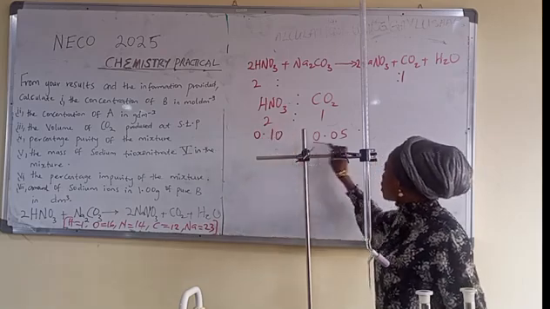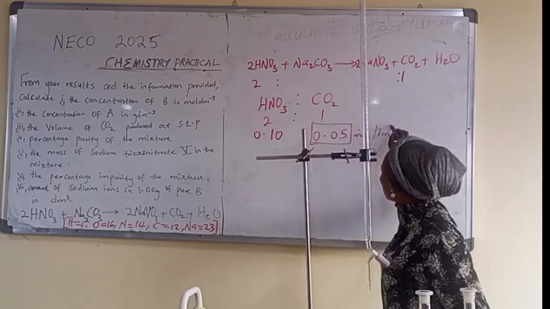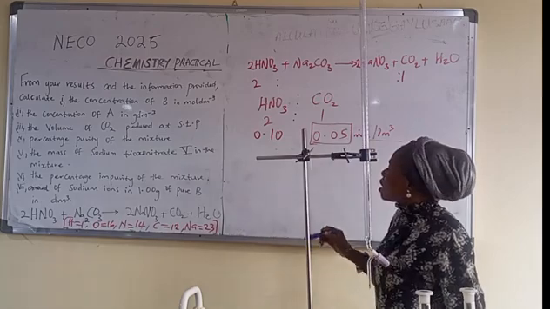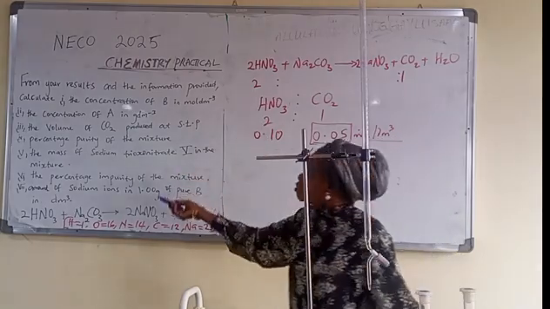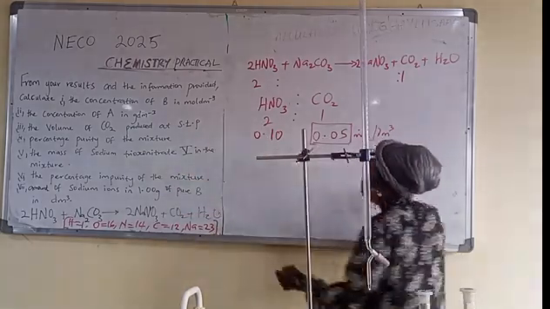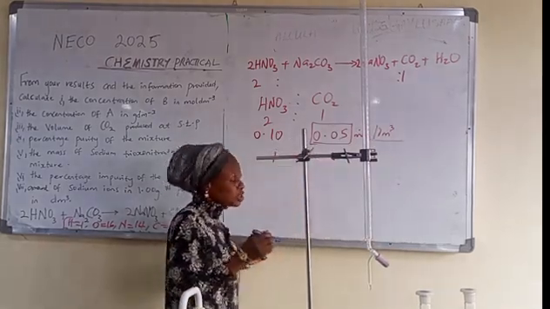So if you have this one as moles per dm³ of your CO2, what is the volume at STP? You know, 1 mole of any gas at STP is 22.4 dm³.